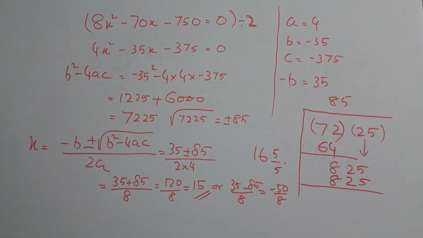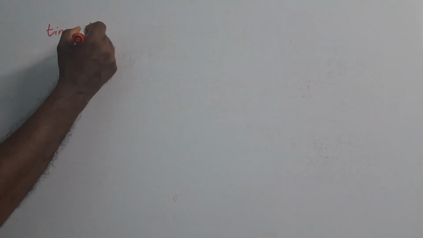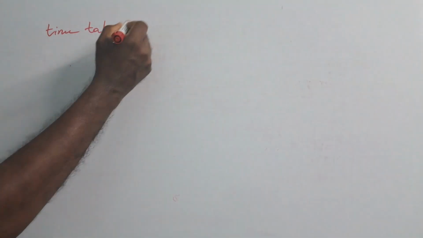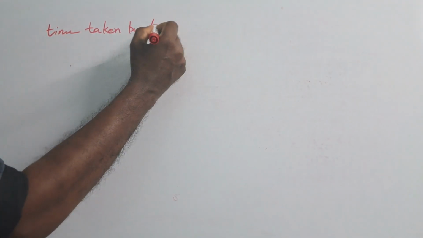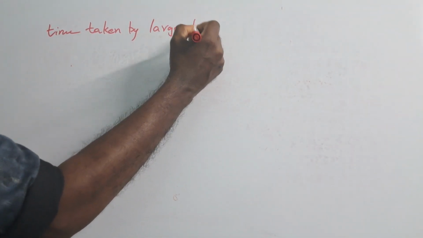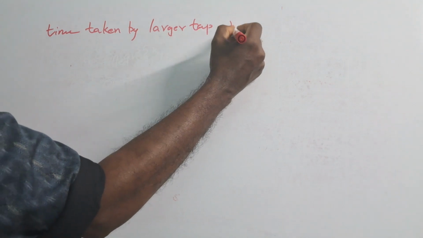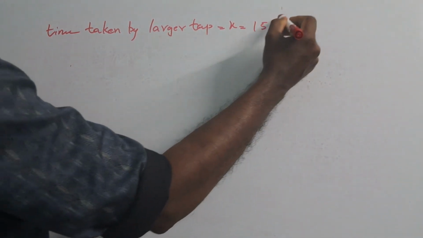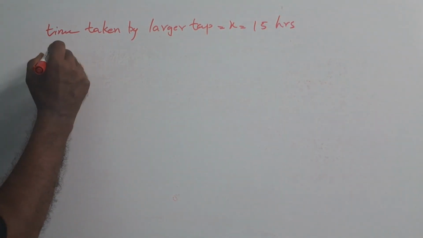x, which is the time taken by the larger tap to fill the tank, is 15, that is 15 hours. Time taken by larger tap equals x is equal to 15 hours.